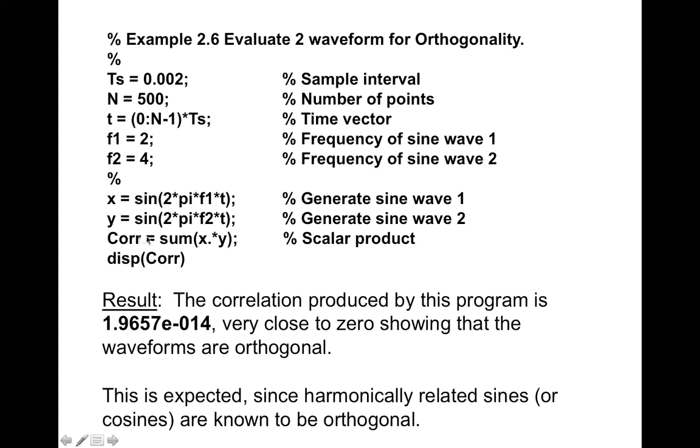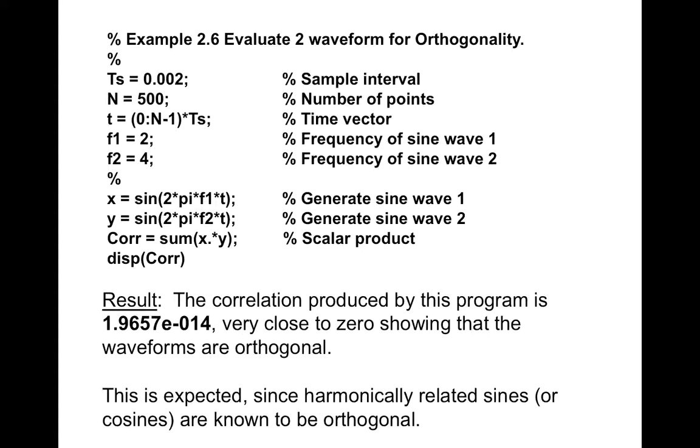And then we're going to take the correlation, which is basically summing x times y point by point. And we'll then use the display correlation, and that will give you the result of the correlation value. So if you do that, you get 1.96 times 10 to the minus 14th, which is effectively 0.